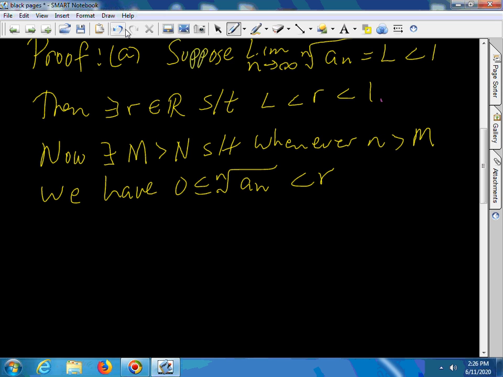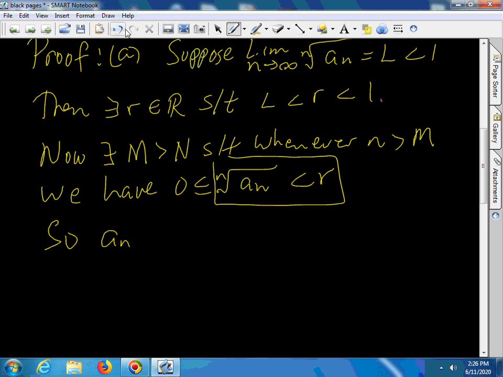Now, if you have two positive values and you raise them to the same power, the inequality doesn't change. So I'm going to raise both of these to the nth power.